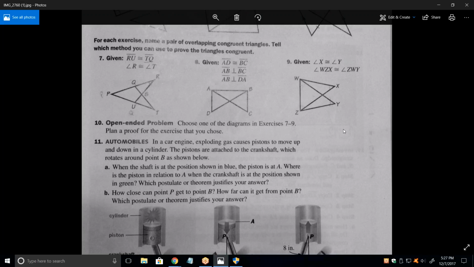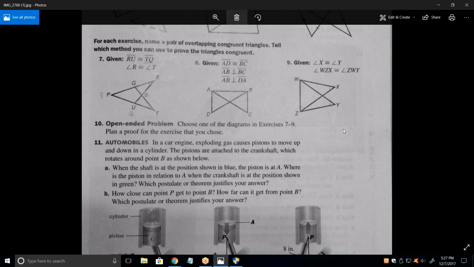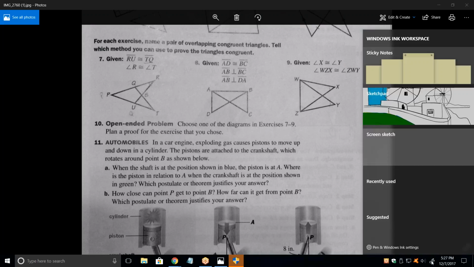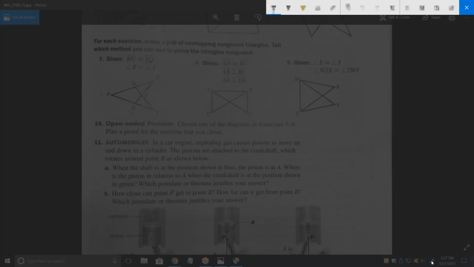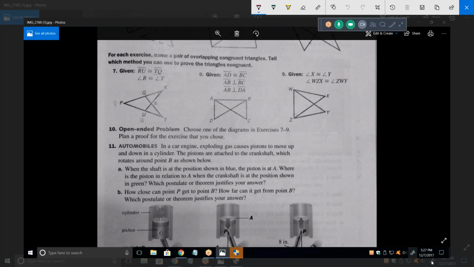AB is perpendicular to DA, making that a right triangle. And it's perpendicular to BC. So these are both right triangles. AD is congruent to BC.